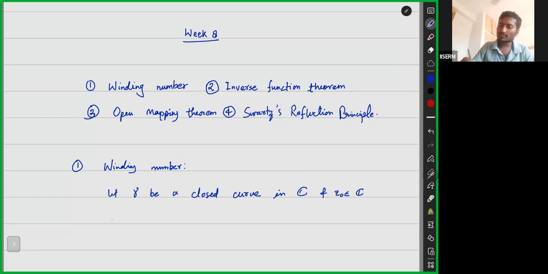We define the winding number, written this way: W of z naught with respect to gamma. So what is this number? This number is defined by 1 over 2 pi i times the integral over gamma of dz over z minus z naught.